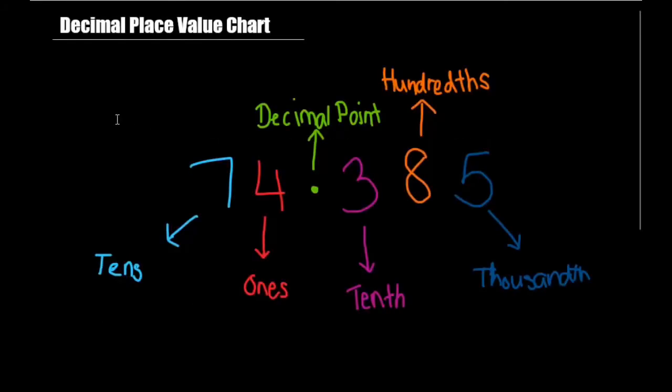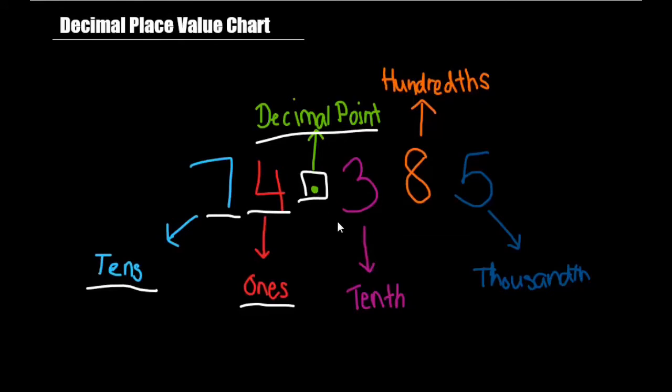So I have a little decimal place value chart over here, and we're just going to underline things. The 4 over here represents the tens place. The 7 actually represents the ones place. The decimal point right over here represents a decimal point.